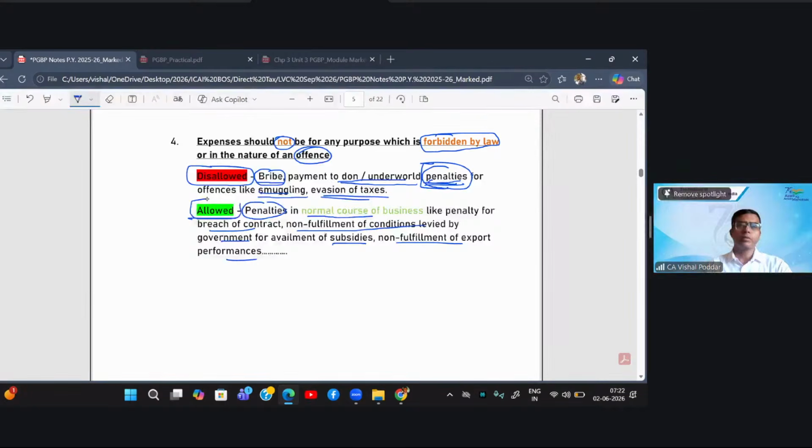However, having said that, for penalties you have to understand many times penalties are imposed under various acts, not because what you have done is an offense, but because the act had put some condition which you could not satisfy. So there was some breach of condition. Or many times, which you have studied in the Contract Act also, you had entered into a contract with someone, but you could not honor your performance.